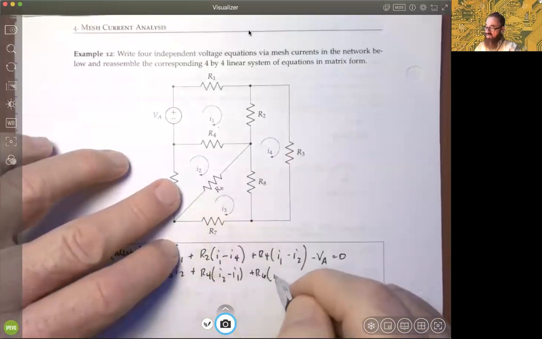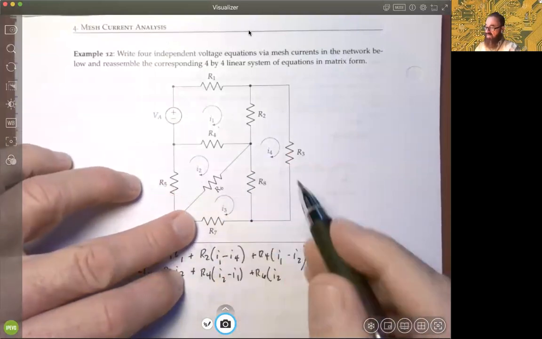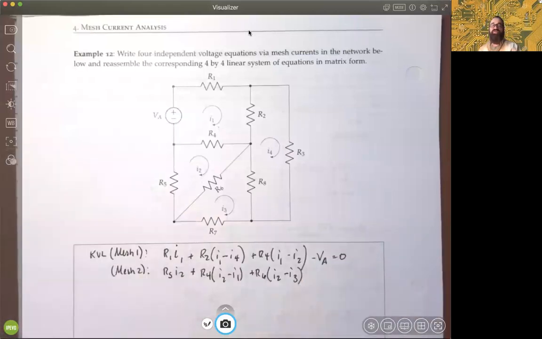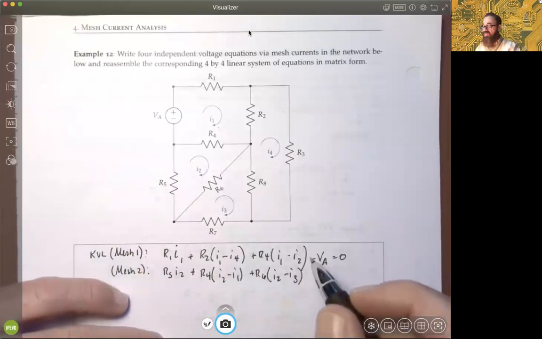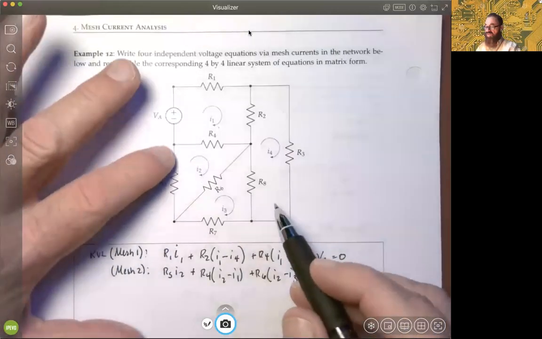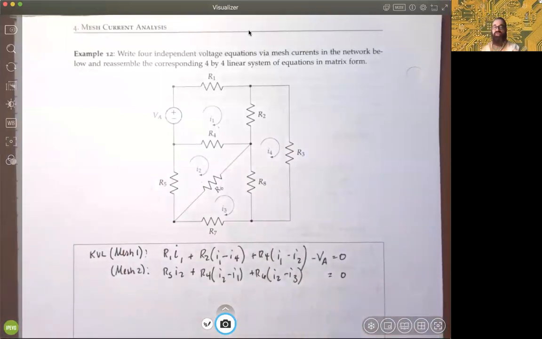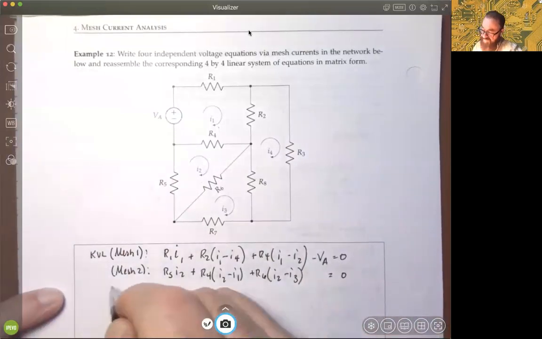You will have I2 and then minus I3. You're always subtracting off another mesh current opposing the direction you're flowing through that resistance. And there is no independent voltage source here, so this just equals 0. Continue on, let's go to mesh 3.